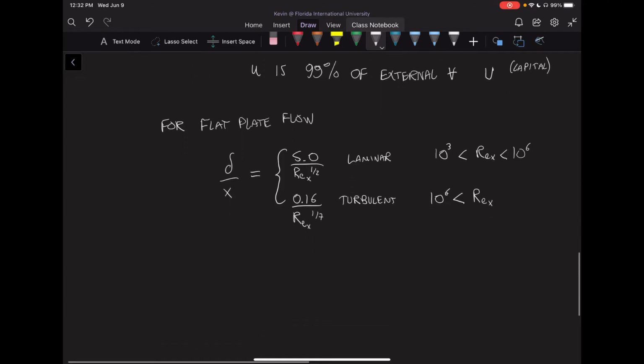So some specifications on this equation. This term right here is the thickness of the boundary layer on one side of the flat plate. So this equation is valid for one side of the flat plate.